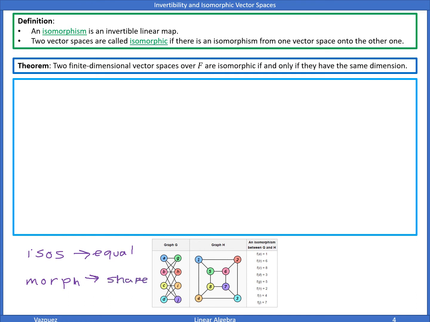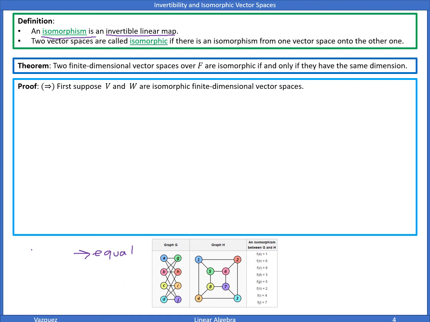So isomorphism is really just saying equal shape. And the last thing I want to point out before we move on: an isomorphism is an invertible linear map. So if you say something is an invertible linear map, then you're just saying it's an isomorphism, or vice versa.